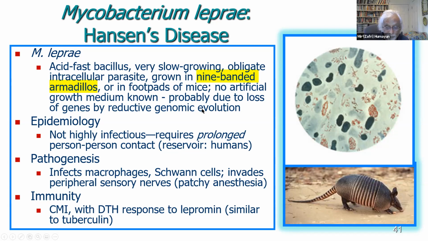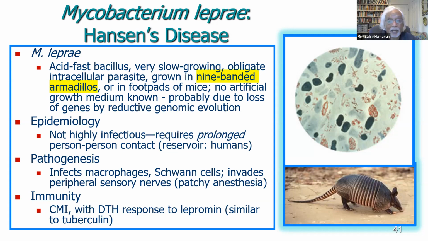but there's no artificial growth medium known. Very likely, and this is quite a common phenomenon for pathogens, this is because of so-called reductive genomic evolution. What reductive genomic evolution means is that a bacterium which has the full genetic capacity to survive in some ecological niche, when it becomes established in a host organism, does not need quite as many genes to carry out its life processes, because it's getting a free ride from the host cell.